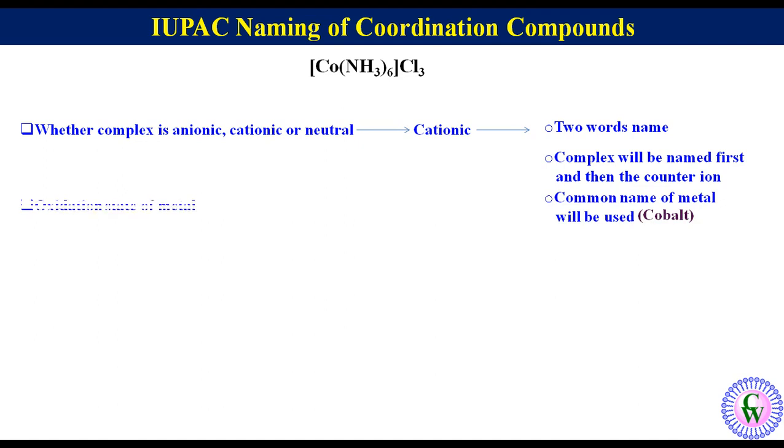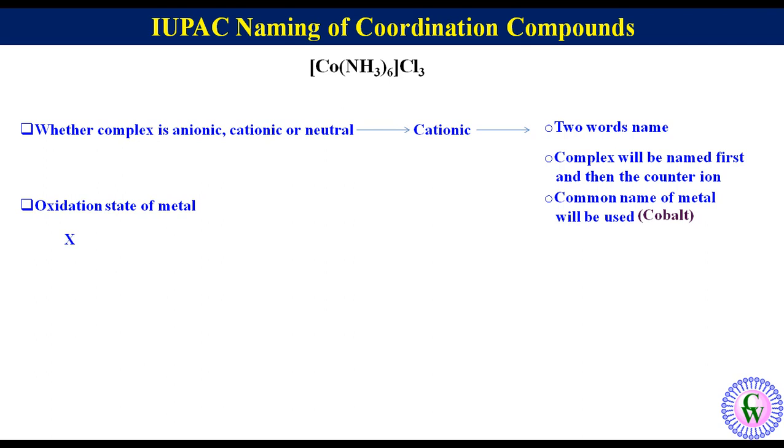Find the oxidation state of the metal. Suppose the oxidation state of cobalt in this complex is x. NH3 has 0 charge while chloride has -1.